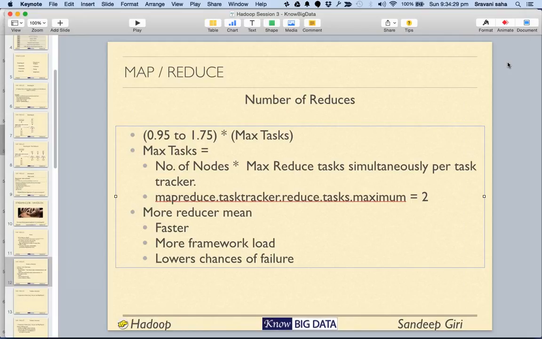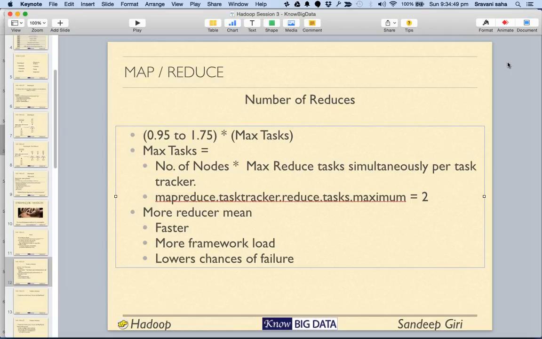When you install Hadoop for the first time, when you install a node manager, the maximum tasks are two. Therefore, you multiply the max tasks by the total number of nodes, and that becomes the maximum tasks possible.